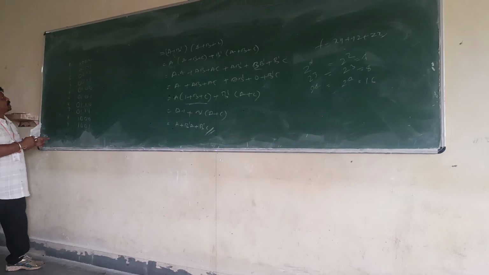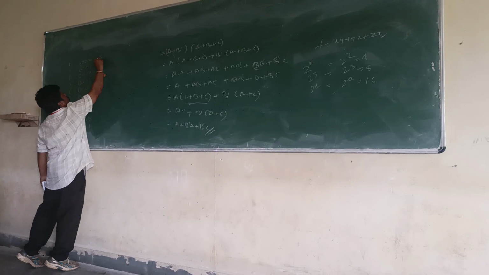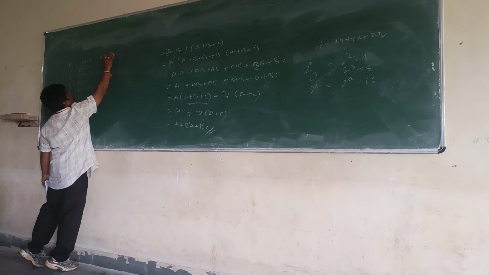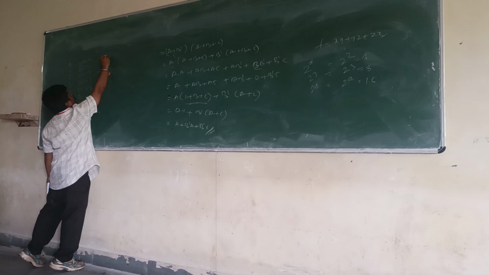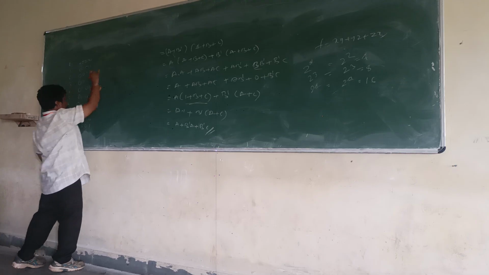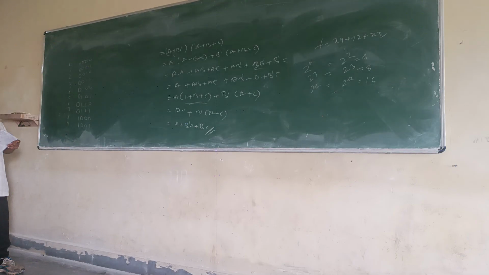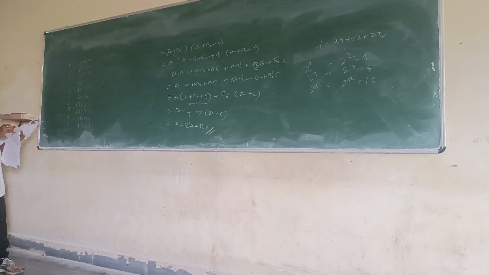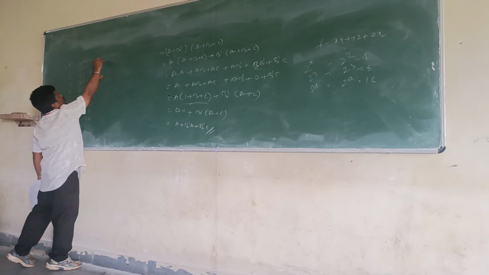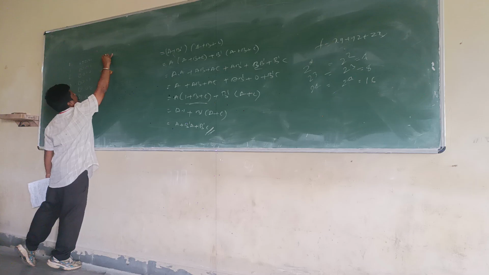How to write these with the variables also? We'll see that with x, y, z, and then also consider A, B, C, D. This is to be written as x bar, y bar, z bar.